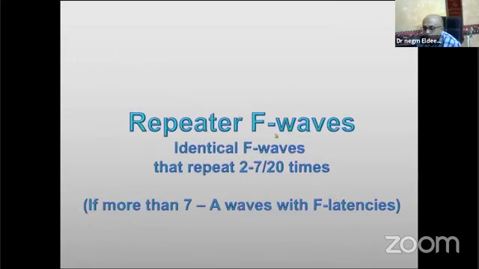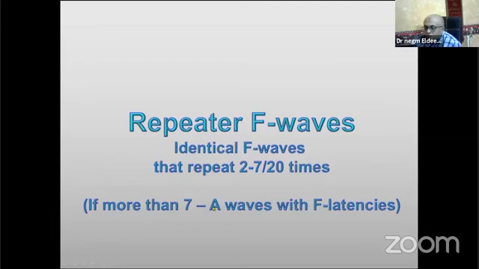Now we should talk a few minutes about the special phenomenon when the motor neuron is giving more than one F wave per 20 stimuli. And we call that repeater F wave. So that is really F waves, and they repeat 2 to 7 times. If it is more, by definition, we then call it A waves.